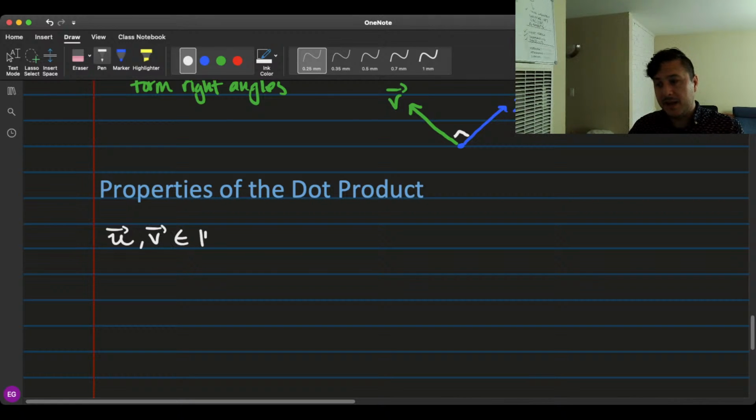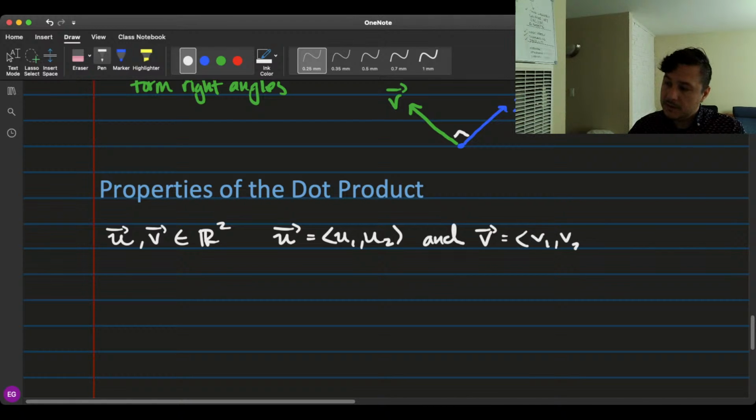Let's imagine that they're vectors in R2, and u is equal to u1, u2, and v is equal to v1, v2. So let's look at u dotted with v.